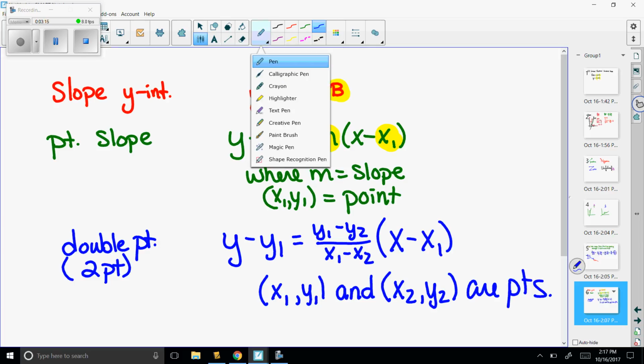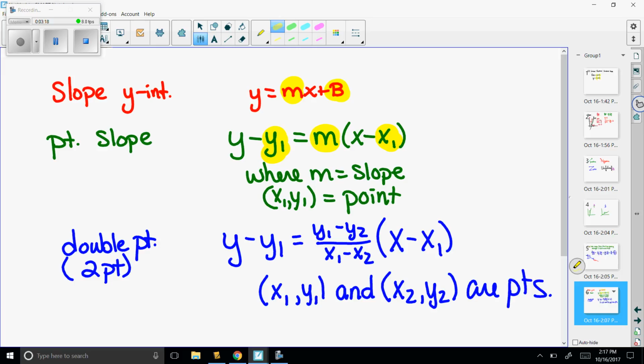Numbers will occur, and keep in mind this could be y sub 2 minus y sub 1. I don't care which way you subtract your values here, but these are going to be points which are going to eventually narrow down to the slope which you see up here. And that equation, that's the only difference, is you have to find that slope first from your 2 points. And then you're going to place a number in place of the x sub 1 and the y sub 1.